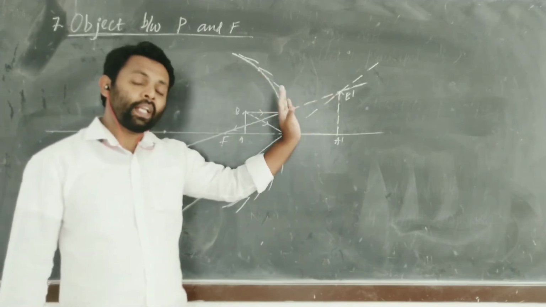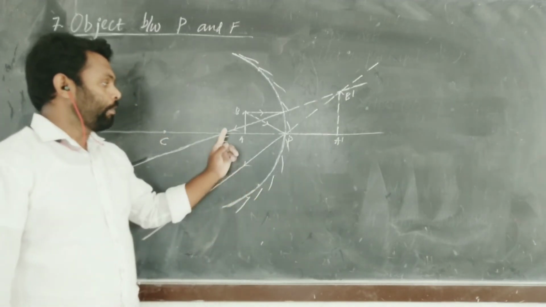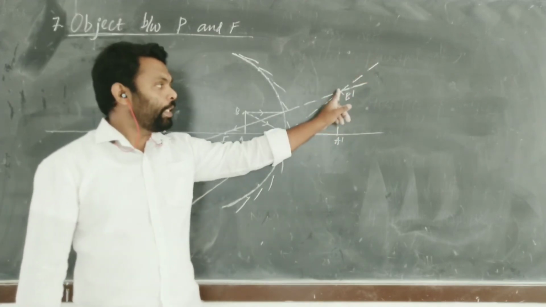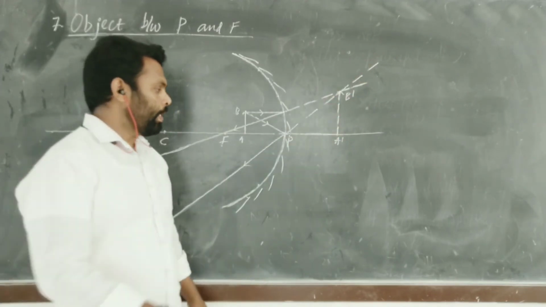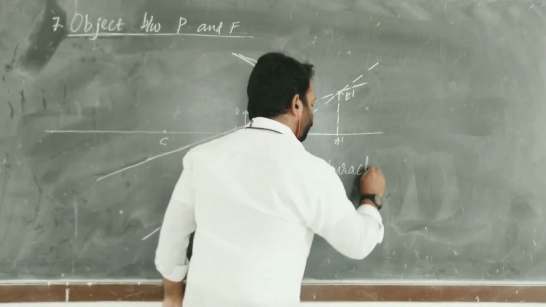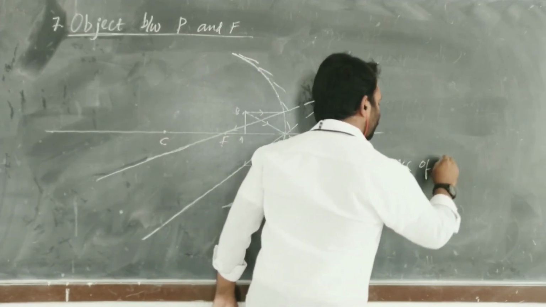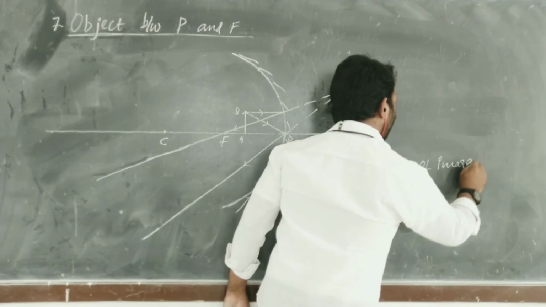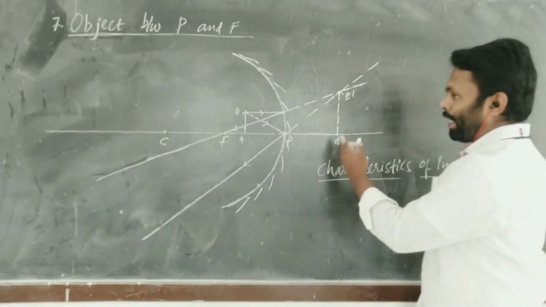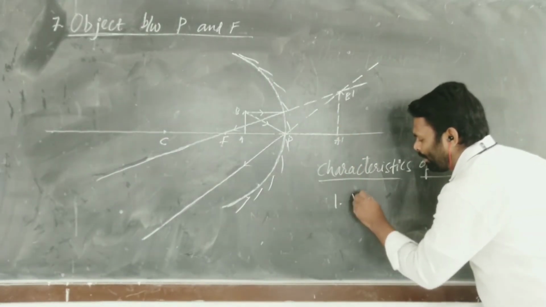And which images are erect images? Virtual images. When is a virtual image formed? When reflected light rays are divergent, when they are extended in the backward direction, they meet at a point where the image is formed. Let us write the characteristics of the image formed. If you see this ray diagram, the image is virtual. Why is this image a virtual image?